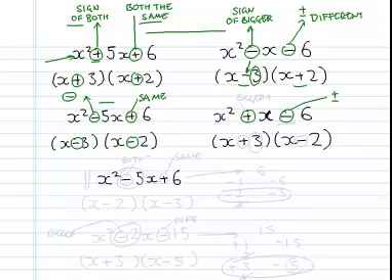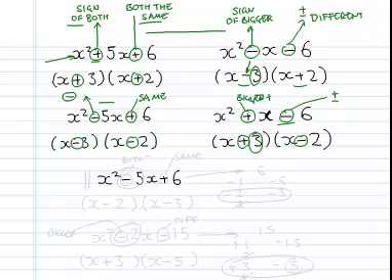But this sign here tells us that the bigger number is going to be positive. So the 3 in this case is going to have the plus sign in front of it. And because they're both different, the other number is going to have a minus in front of it. And that's the basis of the system we use. So we can always check the factorization quite quickly.